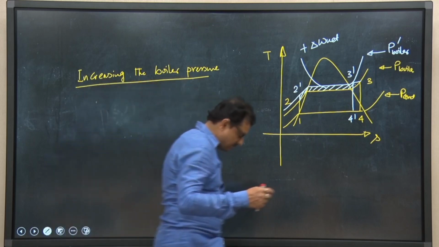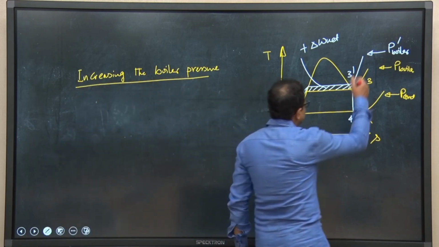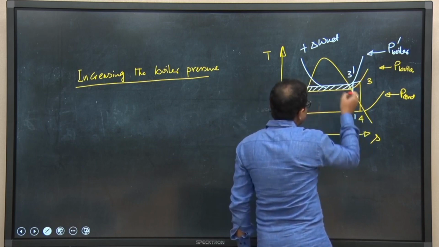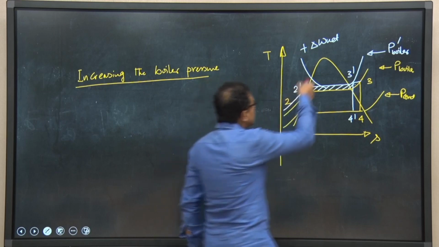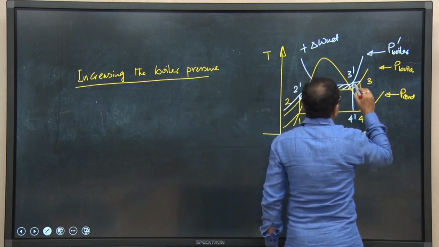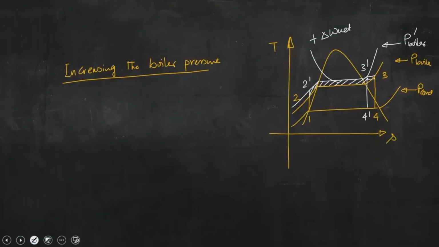But if we look at this TS diagram, at the cost of this delta W net, we also have this amount of work that we are not getting now. So, this is minus delta W net, right.